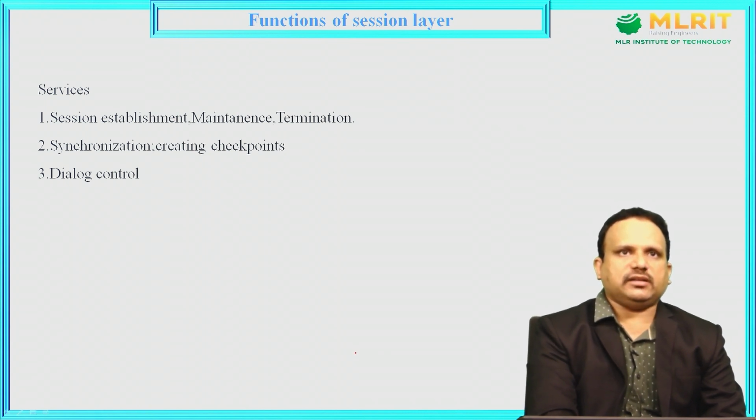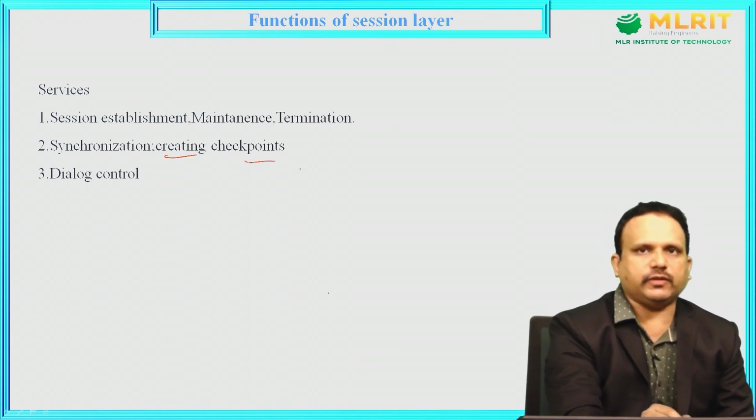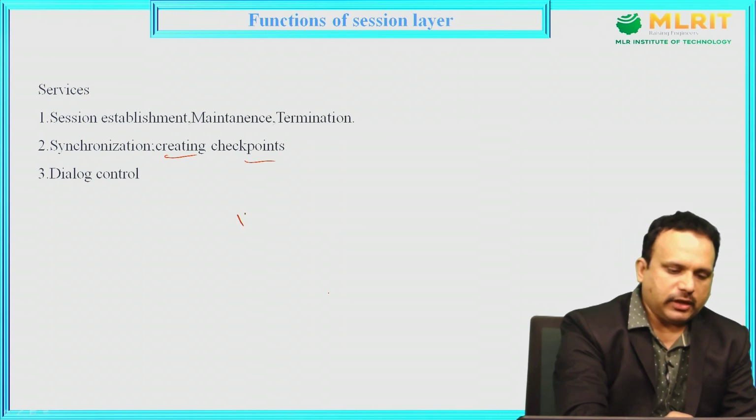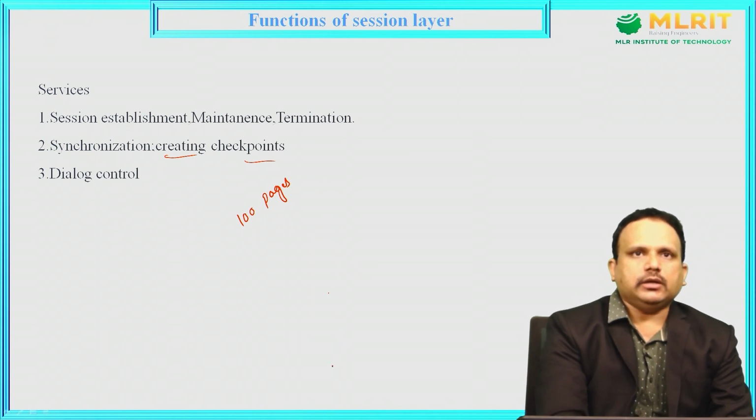Next, synchronization. How are we going to achieve synchronization with the help of the session layer? This synchronization is achieved with the help of the checkpoints concept. For example, you want to transmit 100 pages of data, and you haven't implemented any checkpoint.